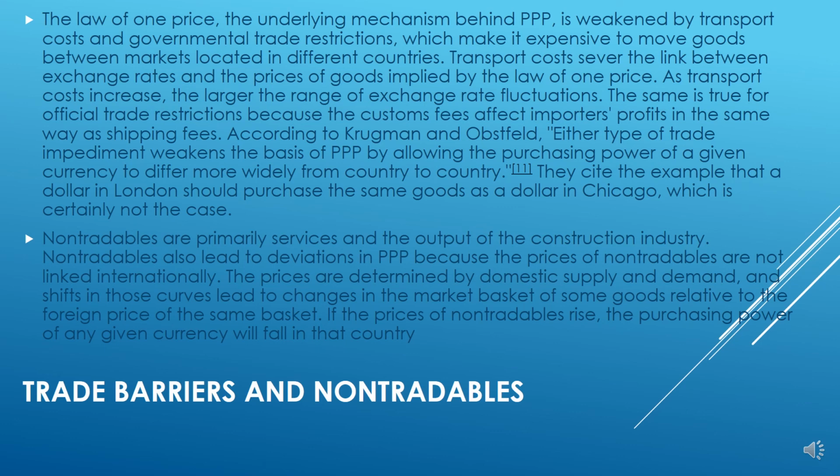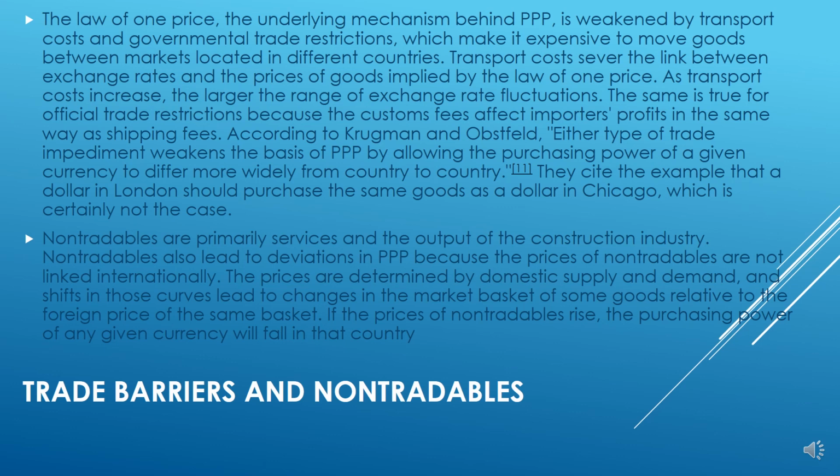As the transport cost increases, the range of exchange rate fluctuations grows larger. The same is true for official trade restrictions, because customs fees affect importers' profits in the same way as shipping fees. According to Krugman and Obstfeld, either type of trade impediment weakens the basis of purchasing power parity by allowing the purchasing power of a given currency to differ more widely from country to country.